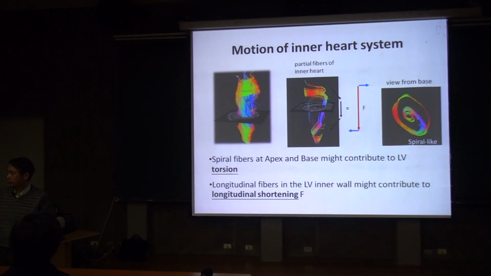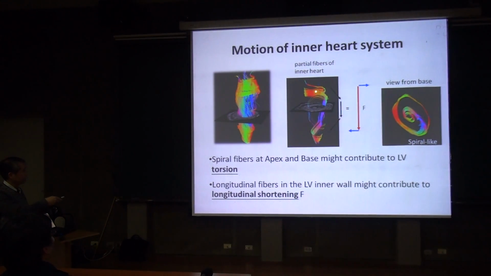It is a bit like a spring. So when the fiber contracts, this will turn. There will be a torsion. If the muscle contracts, there will be torsion. And there is also another part of the inner heart where the fiber is perpendicular.